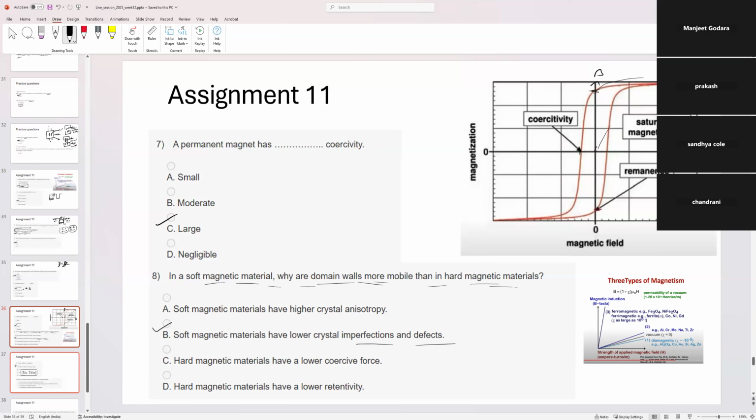So if there is any defect or imperfection, that will hinder the movement of the domain walls. For soft magnetic material, you want them to easily magnetize and demagnetize. The domain walls should be more mobile.